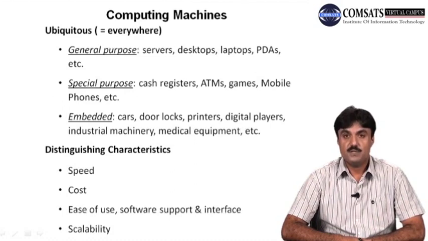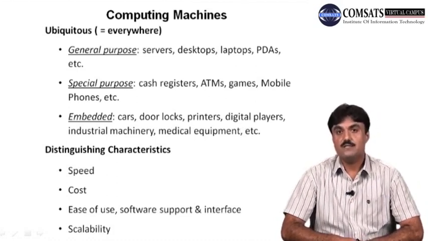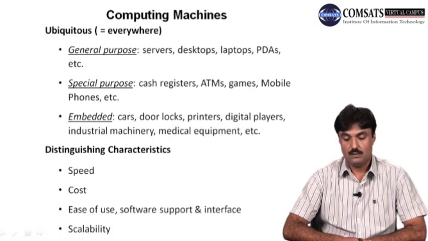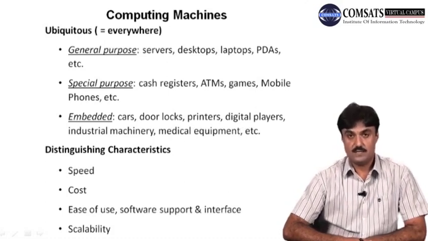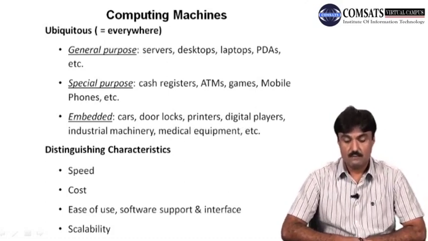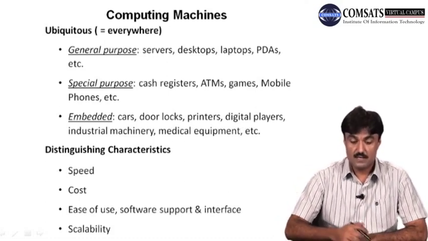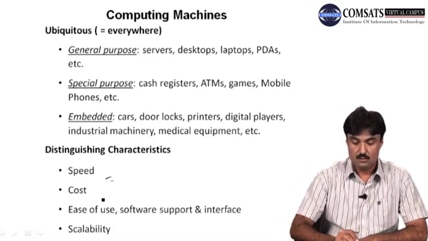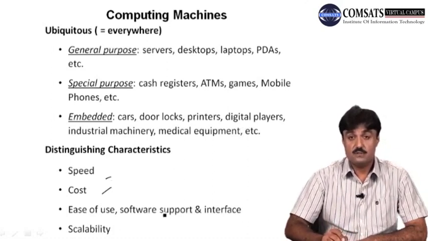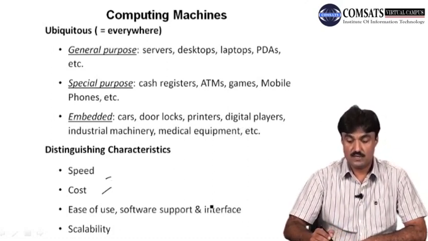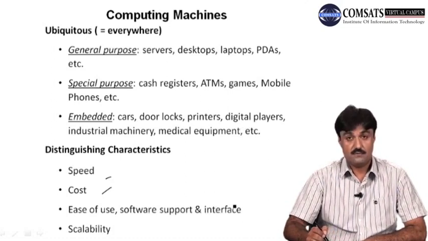These are like cars, door locks, printers, digital players, industrial machinery, medical equipment, etc. So these computing machines are inside all this equipment, and they are divided into these three main categories. They have distinguishing characteristics like speed, cost, ease of use, software and support, interfaces, and the last one is scalability.